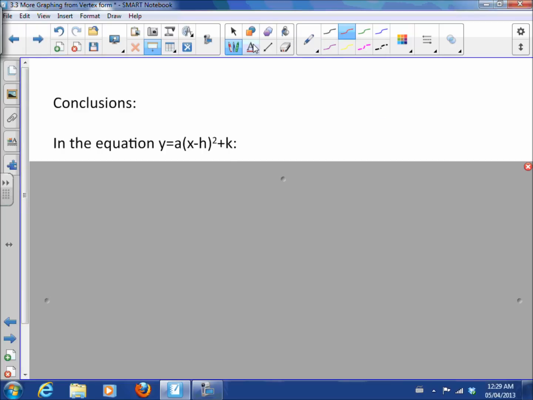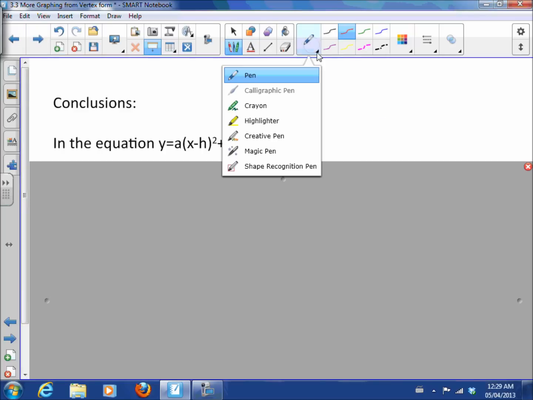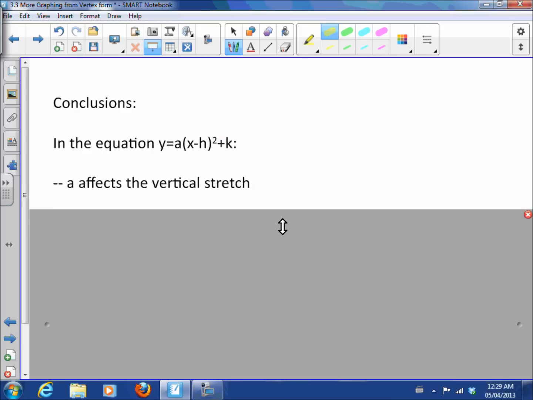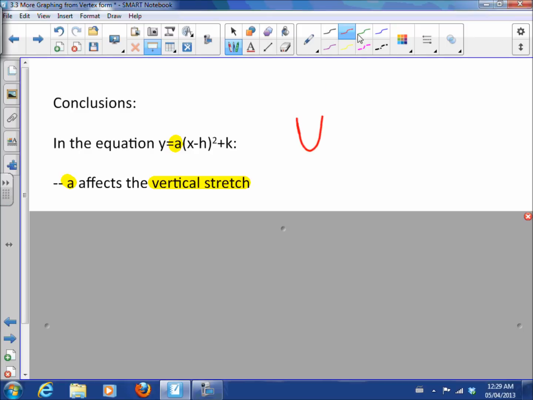And let's finally make some conclusions about all these letters. Okay? So A affects what we call the vertical stretch. It takes the parabola and it changes it from looking like that to looking like that, right?